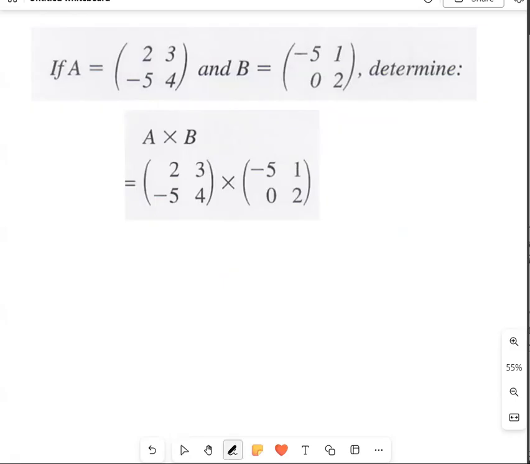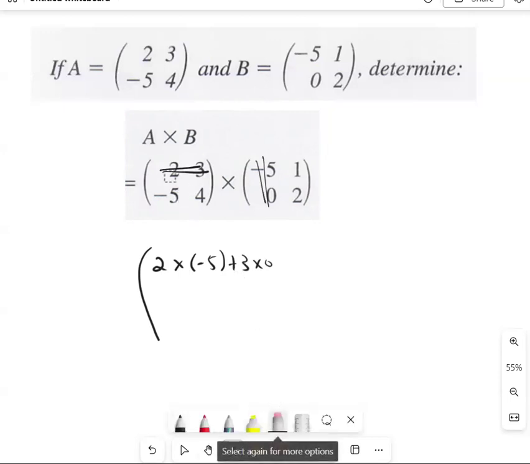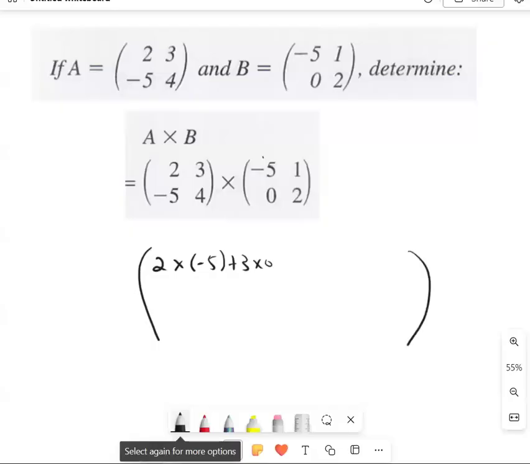So we're multiplying this row by this column, right? So we're going to have 2 multiplied by -5 plus 3 multiplied by 0. So this row by this column gives you this. So next, we're going with the same first row but the second column, right?